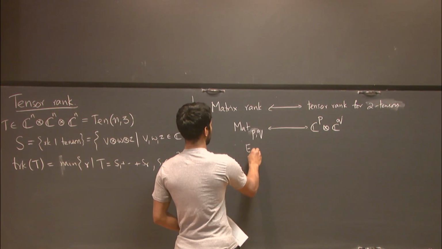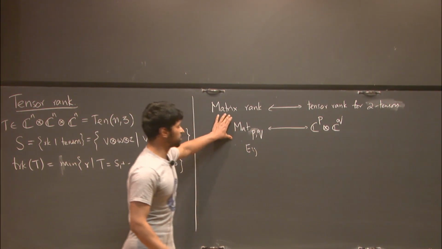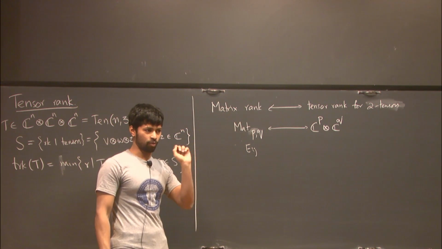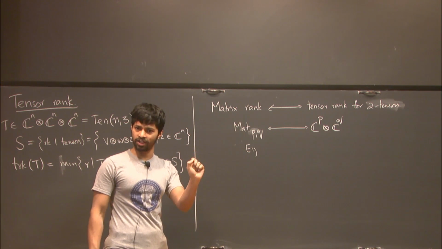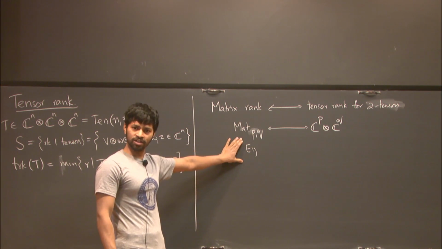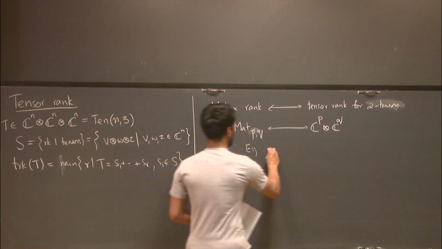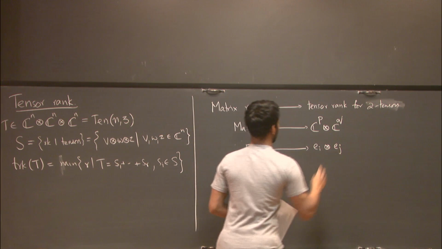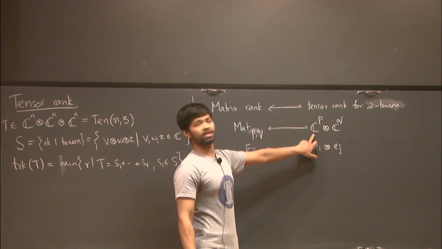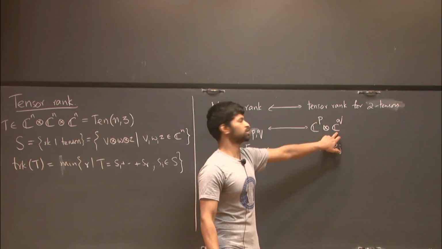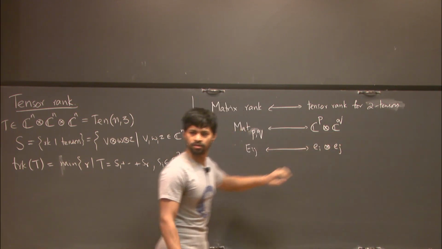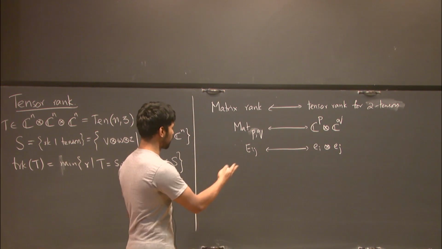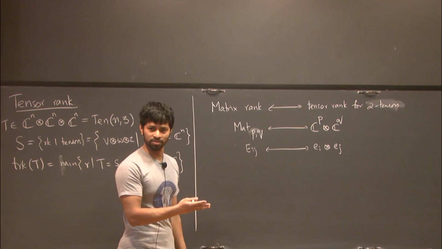There is a basis for P by Q matrices given by the elementary matrices, which have a 1 in the ij-th entry and zeros everywhere else. I will call that E_ij, and this I want to identify with E_i tensor E_j, where E_i denotes a standard basis vector for this vector space and E_j denotes a standard basis vector for that. Yeah, so this is a clean identification, which just proves that they're 2 vector spaces of the same dimension.